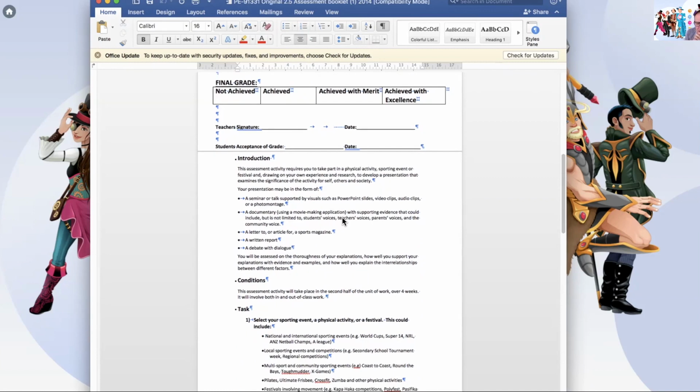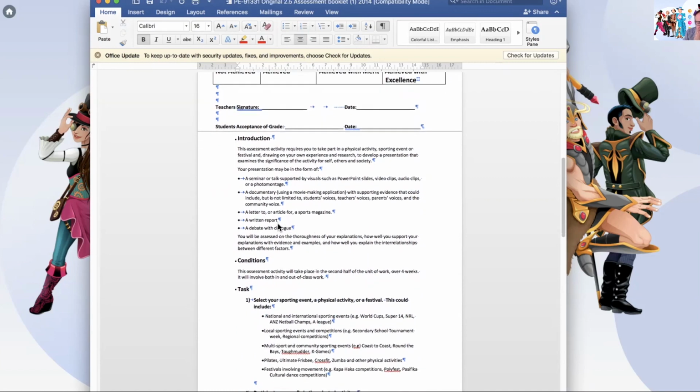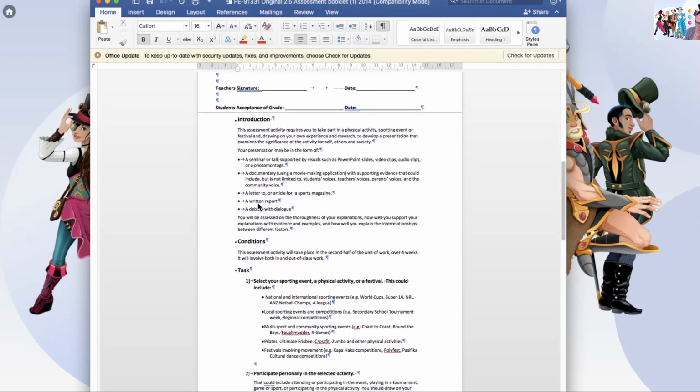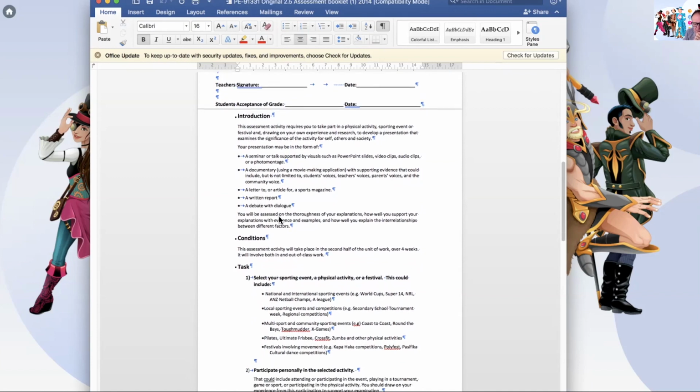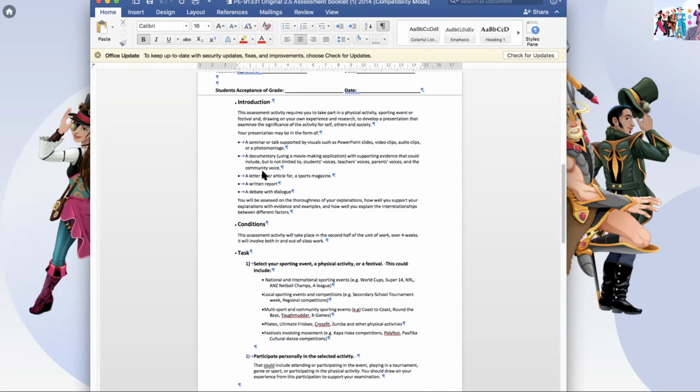He could use his teacher's voice, his parents' voice, his cat's voice. He might write a letter, an article, or a sports magazine. Of course, if he writes a letter, he will fail, but he doesn't know that. He could write a written report, a debate with a dialogue. And by this stage, Nigel is feeling exhausted, but he's only on page 2, and he carries on because he's a tough young man. He's learnt perseverance.